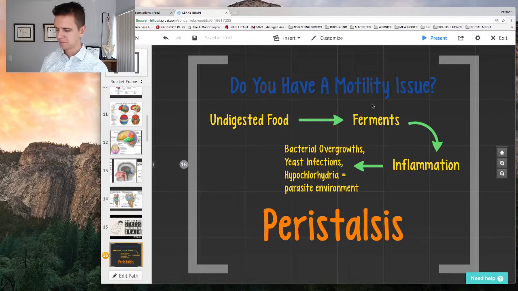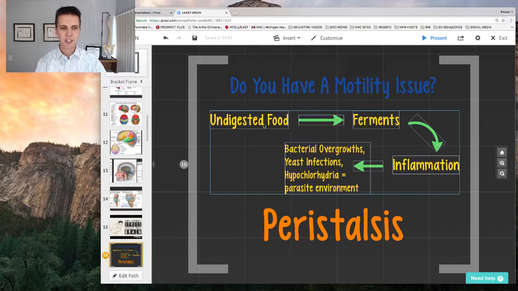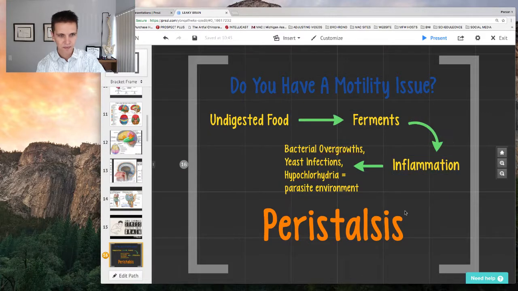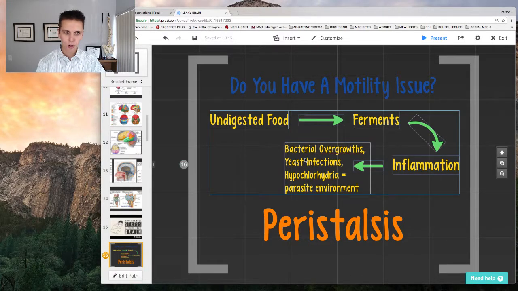Specifically number 2, okay? So if we're not, then we have undigested food, which is fermenting in the gut, because I know that they're eating, causing inflammation, leading to bacterial overgrowths, dysbiosis, an upset microbiome, yeast infections, hypochlorhydria, or low stomach acid, which can lead to a parasite environment.